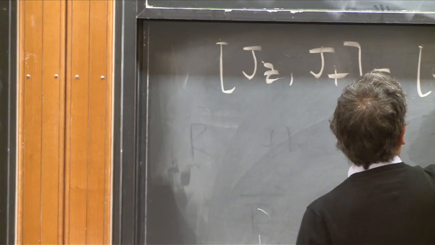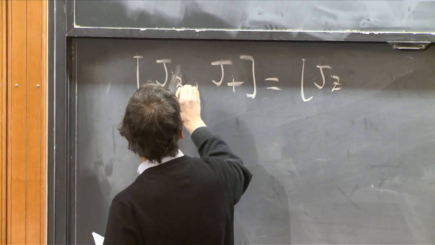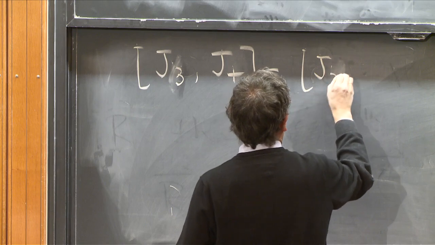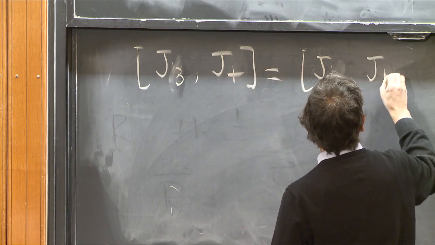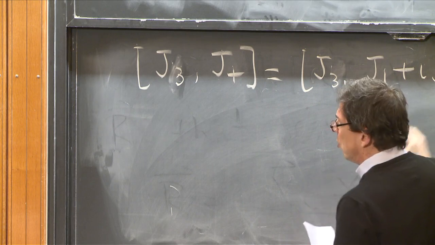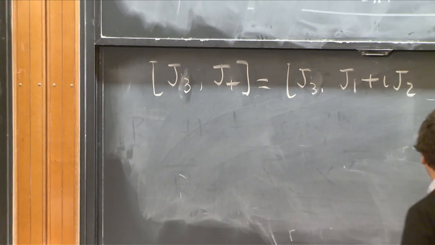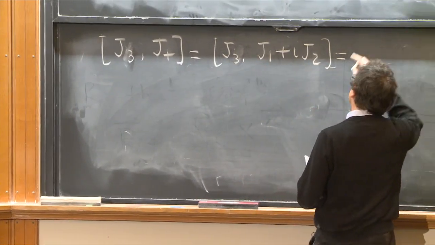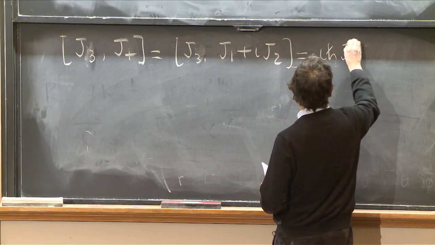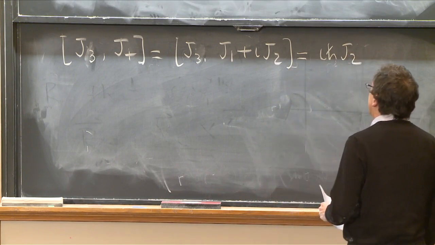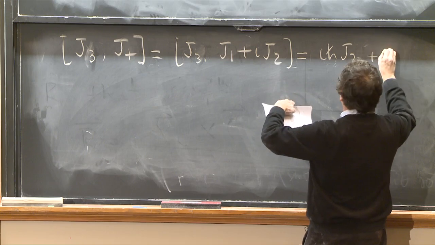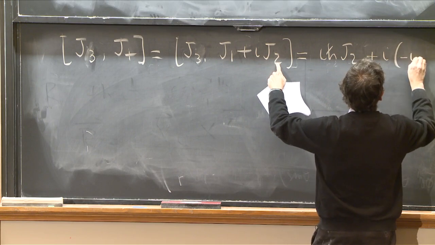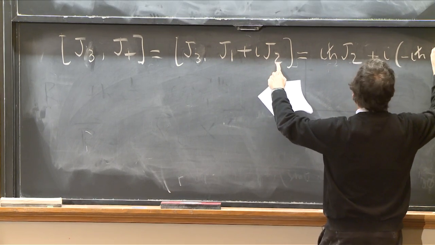It's J3. I'm sorry, I'm calling it 3. So I think in the notes I call them x, y, and z, but never mind. J3 with J1 plus i J2. The plus is really with the plus i. So J3 with J1 by the cyclic ordering is i h bar J2. And here you have plus i, and J3 with J2 is minus i h bar J1.